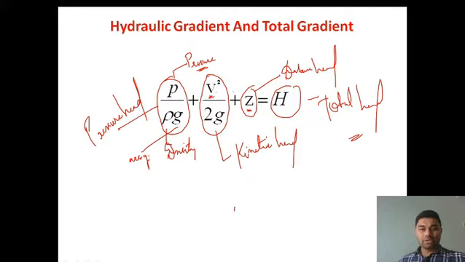If we plot this total head line, it is known as the total energy gradient line. One more thing: P by rho g plus Z is known as the piezometric head, which you can see on your screen.